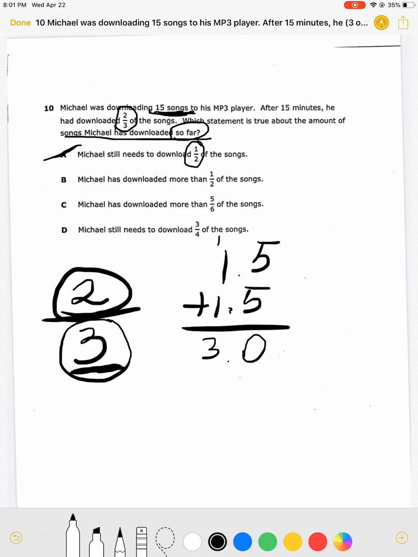Answer choice B. Michael has downloaded more than half of the songs. So we just decided that 2 is greater than 1.5. So that's a little bit more than 1/2, so that could be it. Let's come back to it. Answer choice C. Michael has downloaded more than 5/6 of the songs. And answer choice D. Michael still needs to download 3/4 of the songs. Okay, so this says he has downloaded more than 5/6 of the songs.